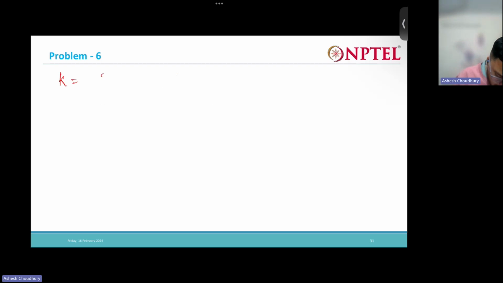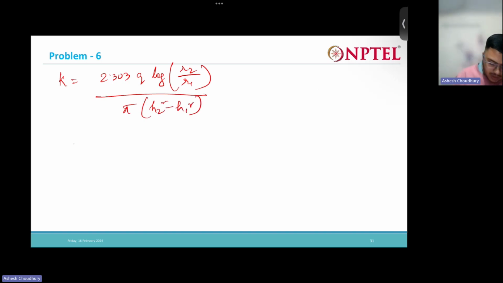Okay, we derived this already. Q = 3.0 log of R2 by R1 by pi (H2 square minus H1 square). So Q, you know, 0.09 is given, R2 you know. What is R2? R2 is 90, R1 is 30.